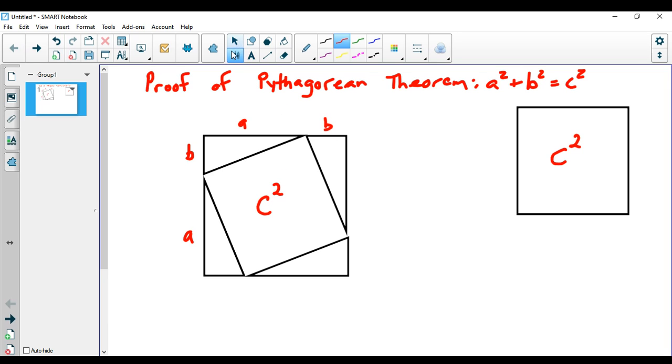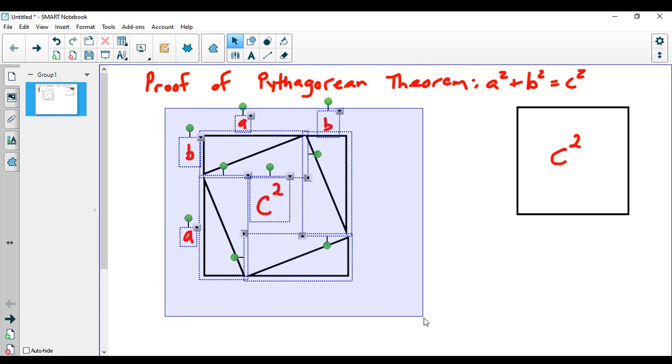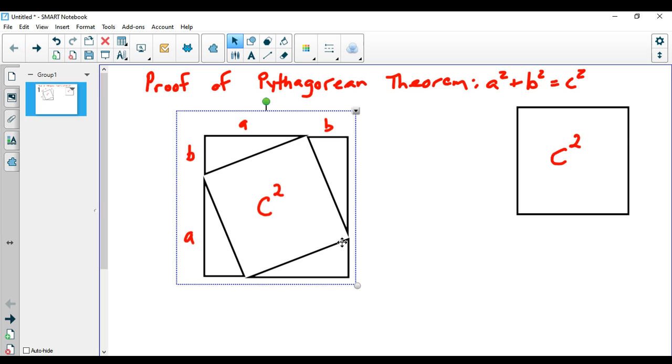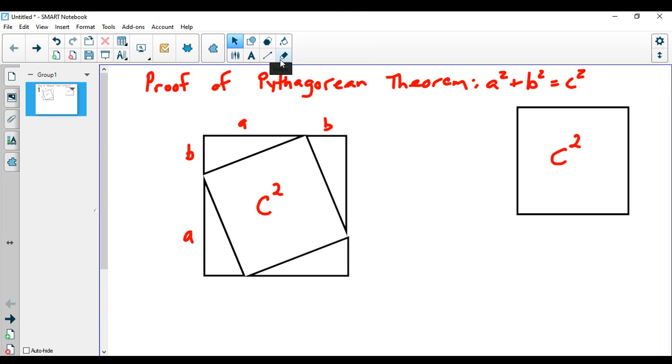I'm going to highlight all of this, group it, and copy it so I can paste it later. But now I want to ungroup them. So we found this middle thing to be C squared.